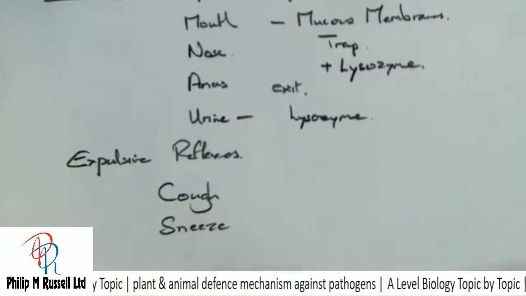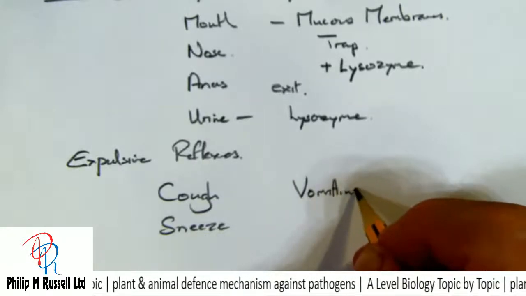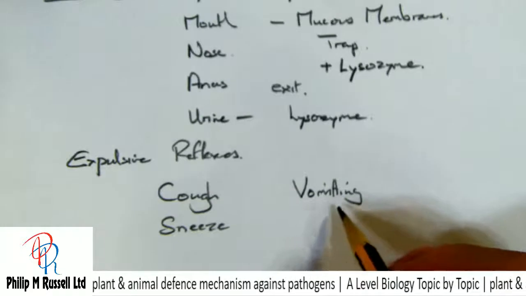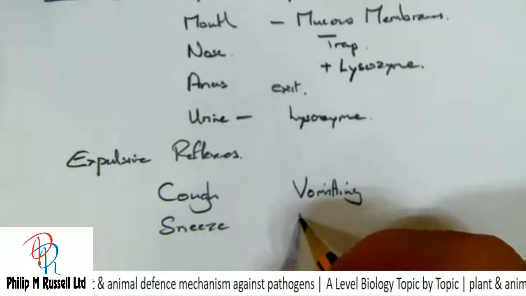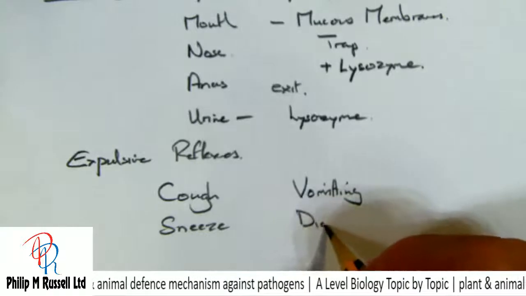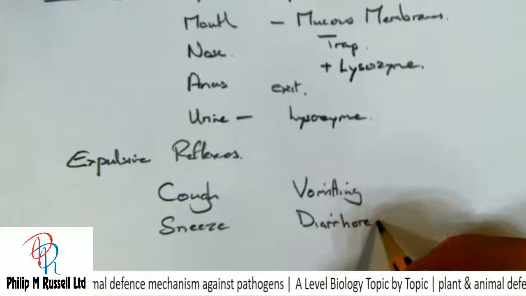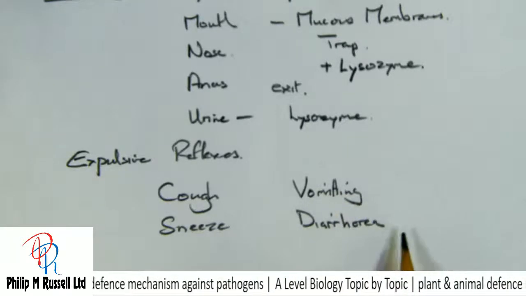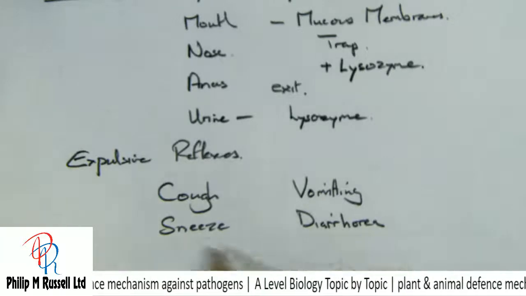We've also got vomiting to expel stuff from our stomach and mouth, and we've got the system of making diarrhea to expel the contents of the gut, plus any other infective pathogens we've got there.